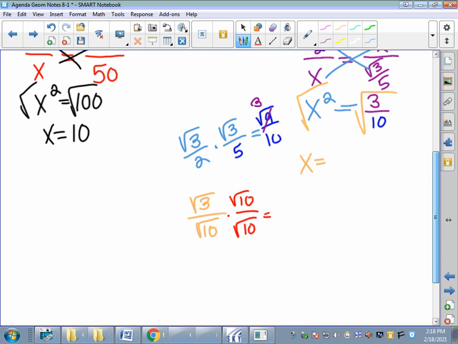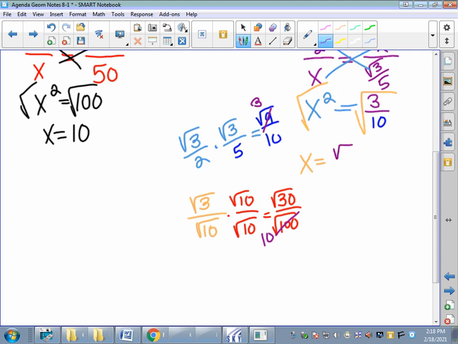So square root of 3 times square root of 10, that's easy, square root of 30. Square root of 10 times square root of 10, that's easy, square root of 100. Of course, we're going to simplify that. Does 30 break down at all? Is there any perfect square that goes into 30? I don't think there is. 2 and 15, 3 and 10.